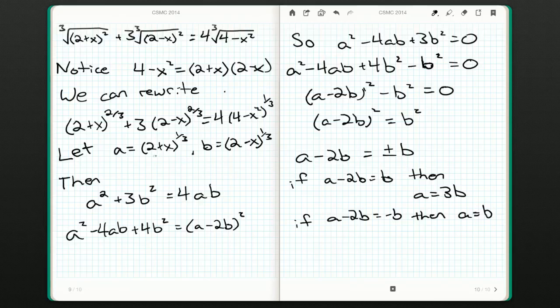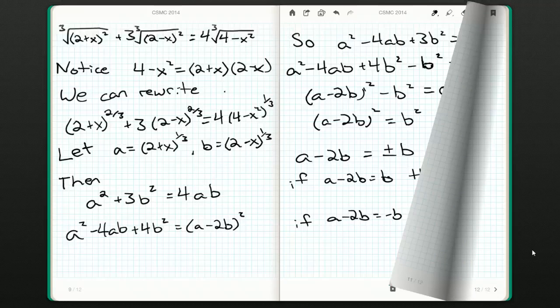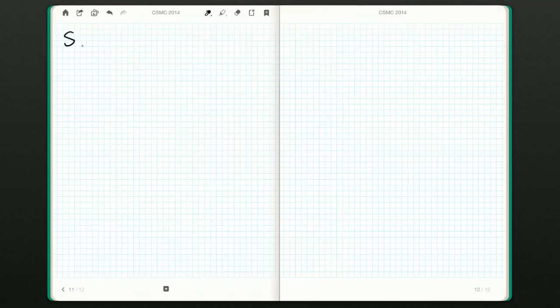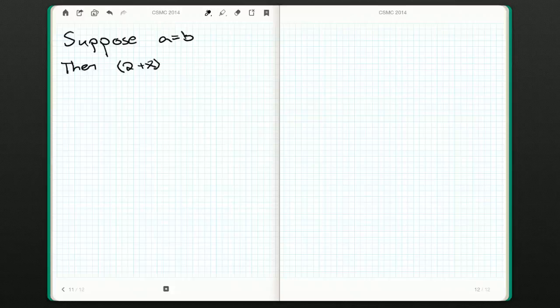So here's a over here, here's b over here. We could substitute these back in. A equals b. Let's take a look at that one. We'll start on the next page. I'm doing this one first because it's easier. So what does that mean? That means (2 plus x) to the 1/3 is equal to (2 minus x) to the 1/3.